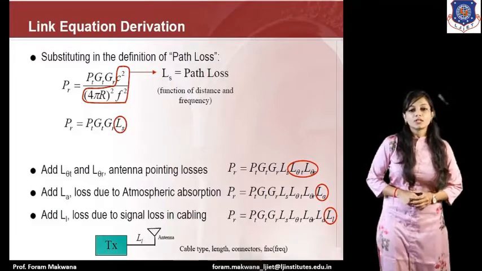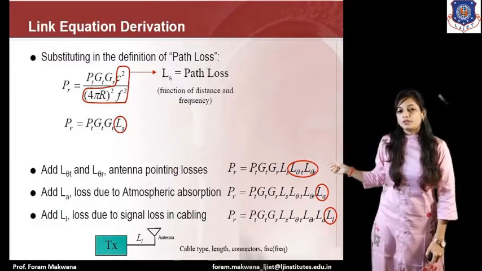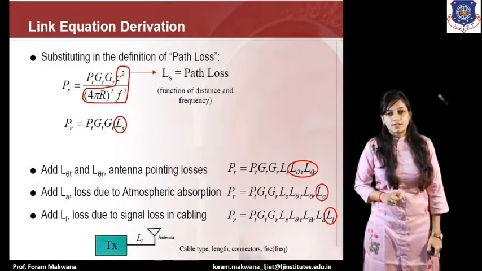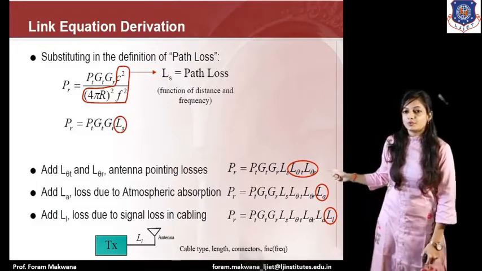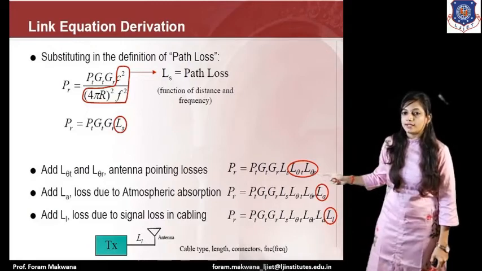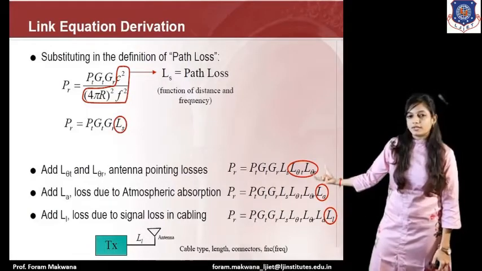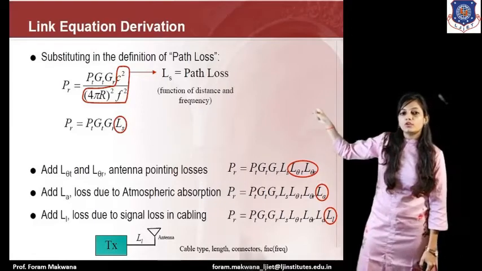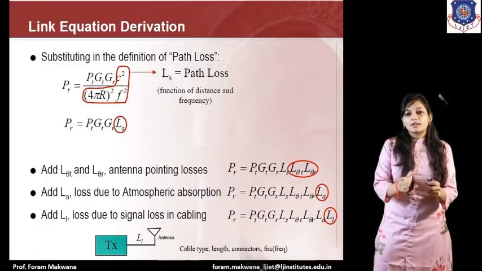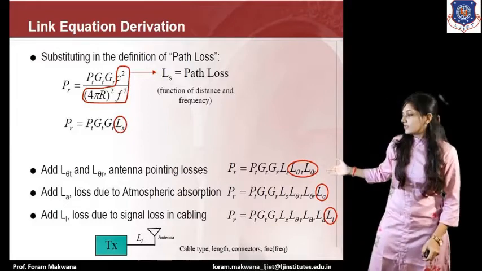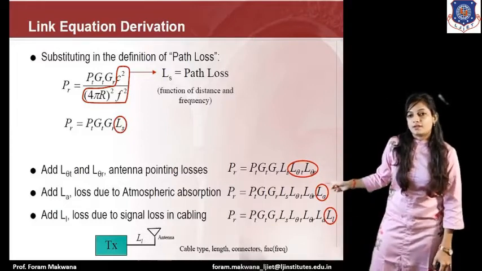So it applies for the transmitting as well as the receiving antenna. That's why we have introduced L theta T into L theta R, just simply multiplying these two quantities with the overall received power. Why? Because when we receive the power, these losses are subtracted. Alright?